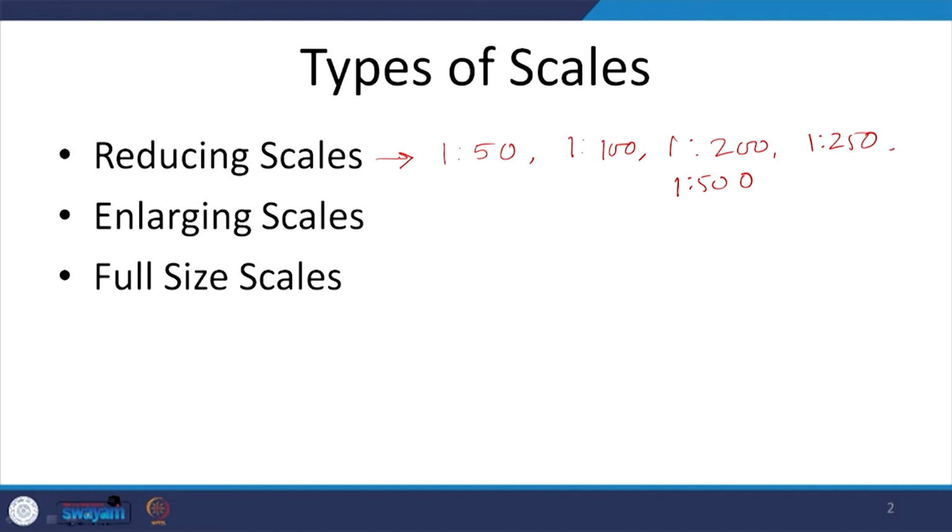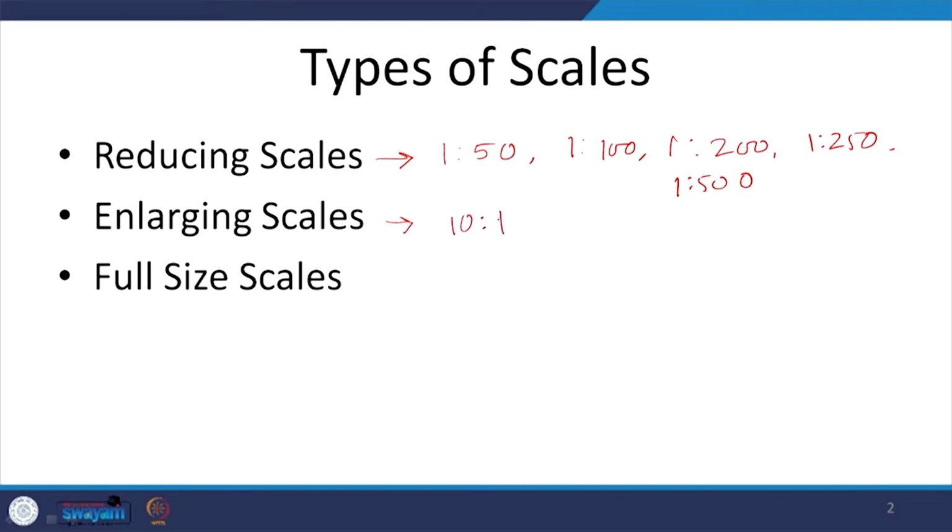Now, the second one, where the real object is much smaller and what is shown on the sheet is a much bigger version of it, is called an enlarging scale. In this, you will write, say, 10:1.